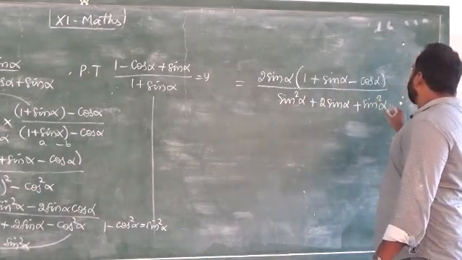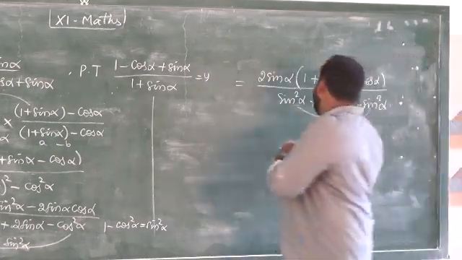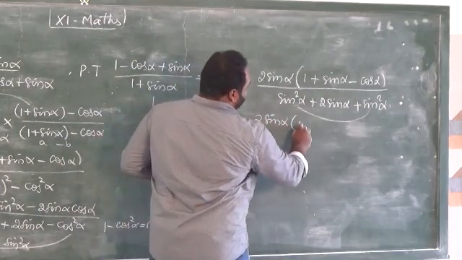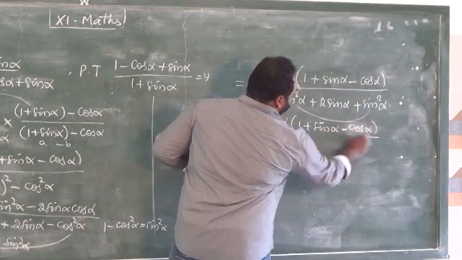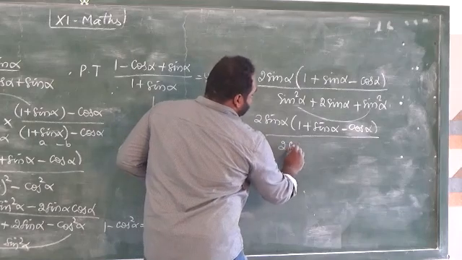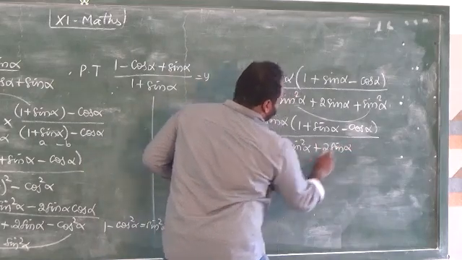So sin square alpha plus sin square alpha is 2 sin square alpha. So 2 sin alpha into 1 plus sin alpha minus cos alpha, whole divided by 2 sin square alpha plus 2 sin alpha.